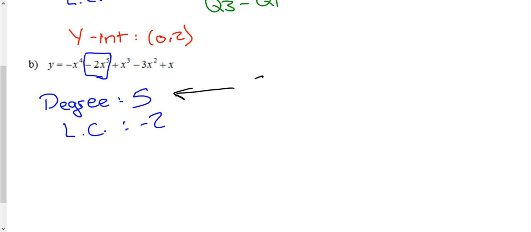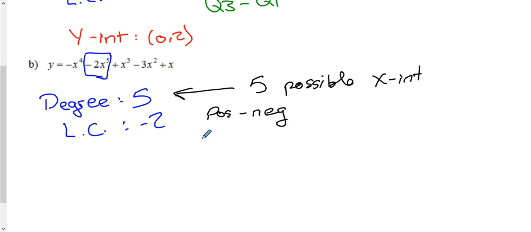We'd have 5 possible x-intercepts. Leading coefficient negative 2 means you're going from a positive to a negative value. So you went from positive y value to negative, and the only way to go from positive to negative is if you went from quadrant 2 down to quadrant 4, in this case diagonally down.